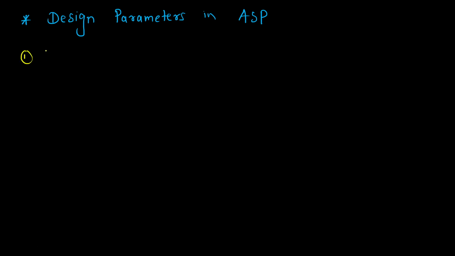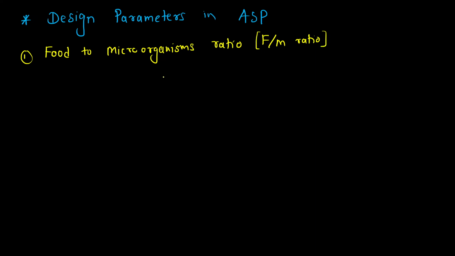First parameter is the food to microorganisms ratio, that is F by M ratio. The most important parameter in this activated sludge process is this. Okay, so write down, it is the main parameter in controlling BOD removal.